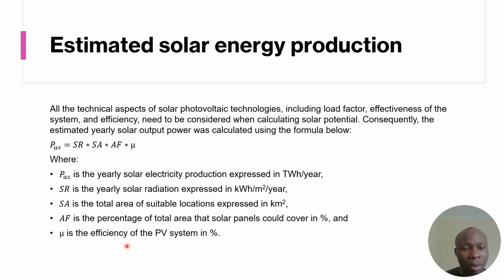So all this, we're going to be using this formula to determine the solar energy production of that area, where PAS stands for the yearly solar electricity production expressed in terawatt per year, where SR is the yearly solar irradiation expressed in this unit.